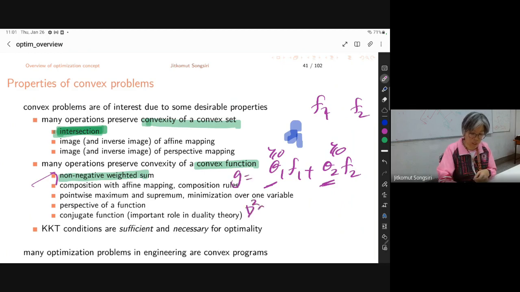What is the second derivative of g? G, the new function, is theta 1 f1 plus theta 2 f2, right? Let's say f1, f2 have Hessians. What is the Hessian of g? This is the sum of functions.